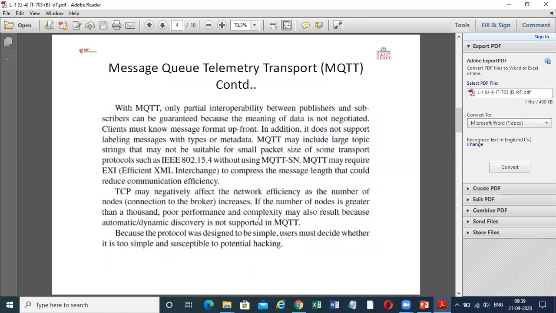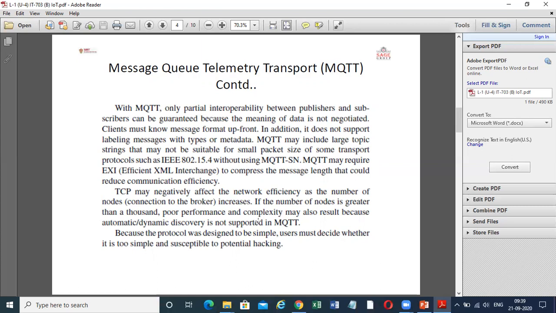With MQTT, only partial interoperability between publisher and subscriber can be guaranteed because the meaning of data is not negotiated. That is very important. The meaning of data should not be changed, especially in the IoT scenario.